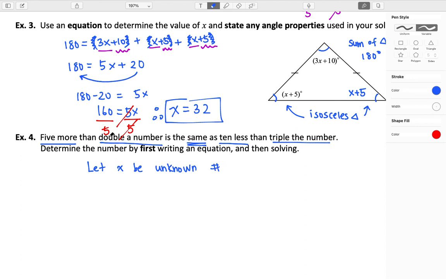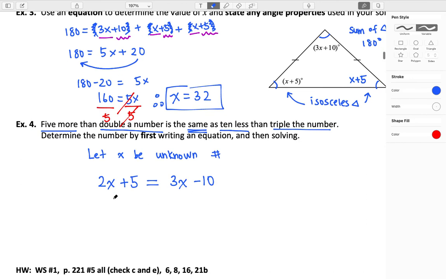Now let's do the first part: 5 more than double the number. Double a number means 2x, and 5 more, so plus 5. Same means equal sign. 10 less than triple the number: triple the number is 3x, and 10 less, so minus 10.